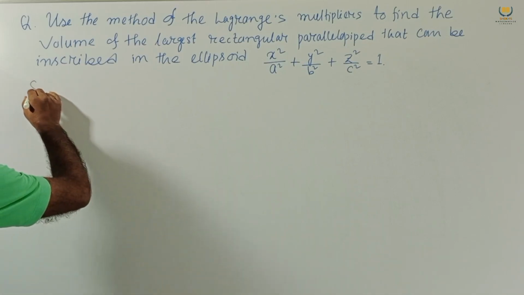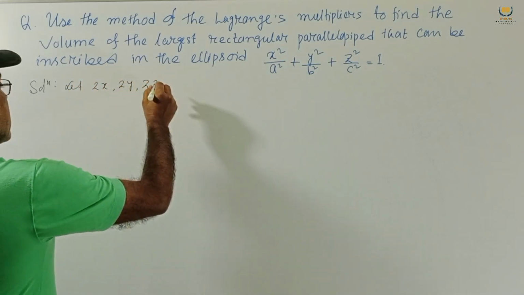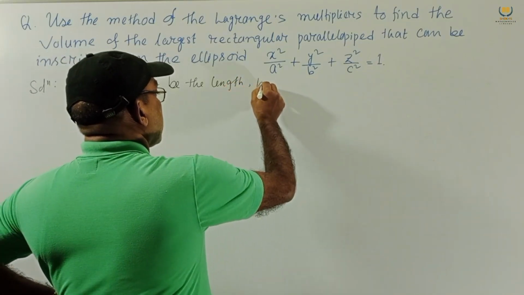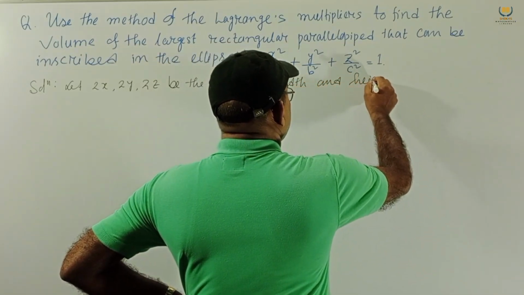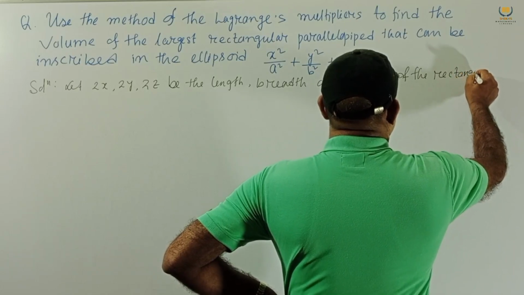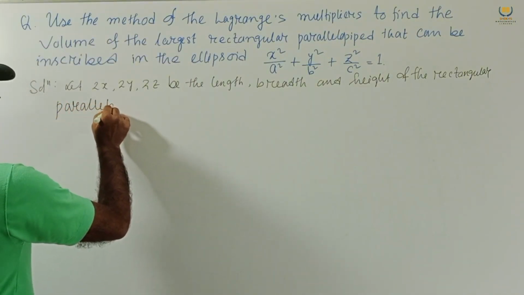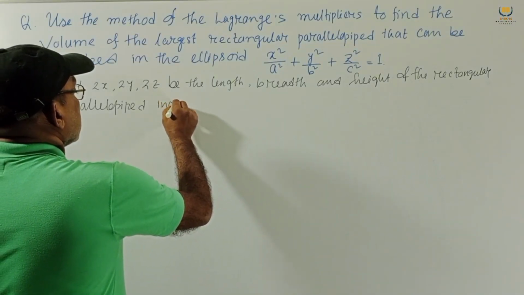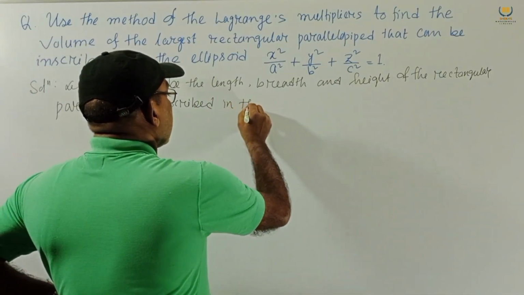Now solution, let 2x, 2y, 2z be the length, breadth and height of the rectangular parallelepiped inscribed in the ellipsoid.